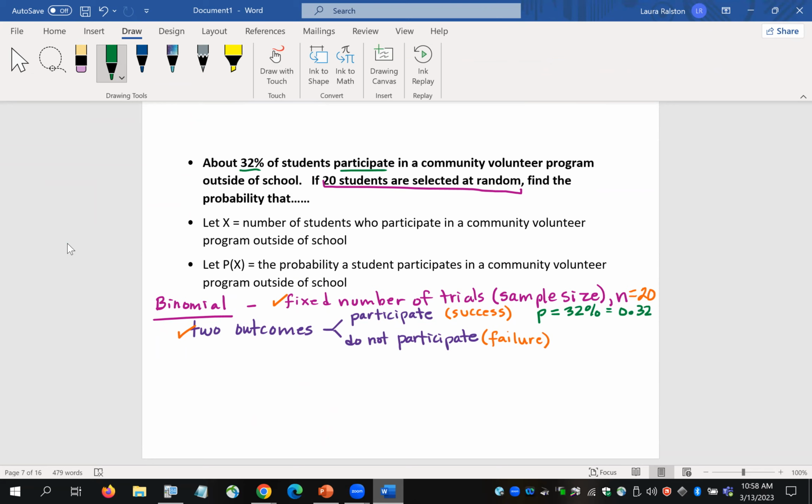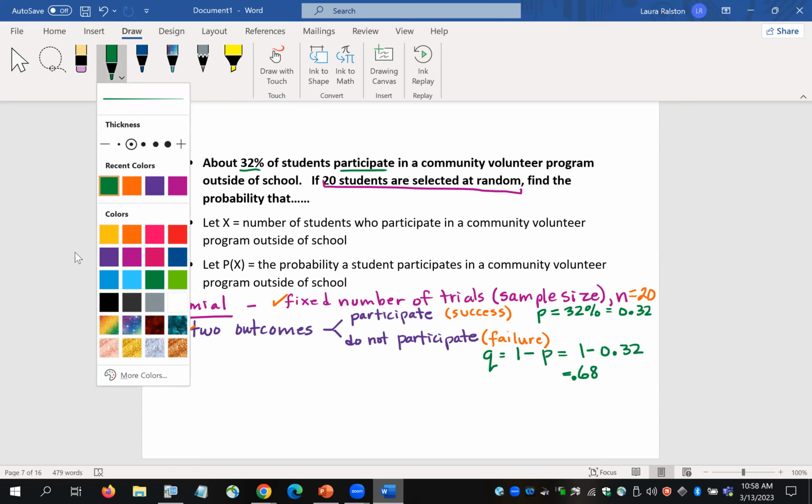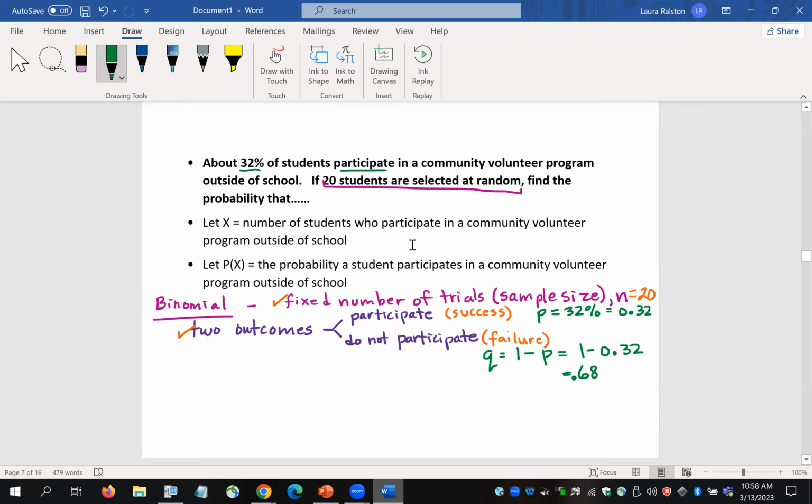If my success is 32%, my failure is 1 minus that. So 1 minus the 32% gives me 0.68. So the probability that they do not participate would be 68%.